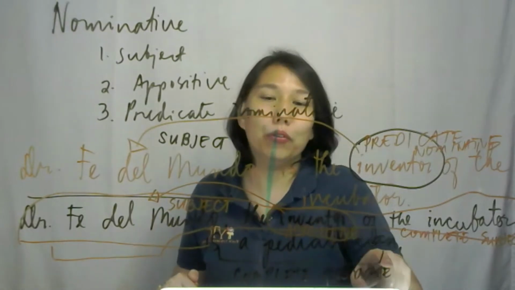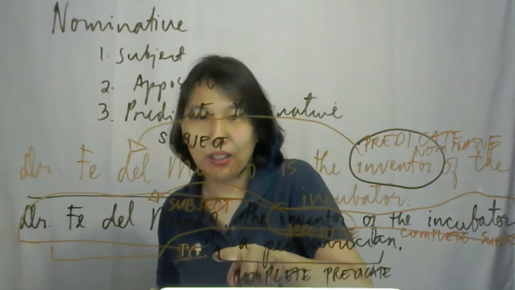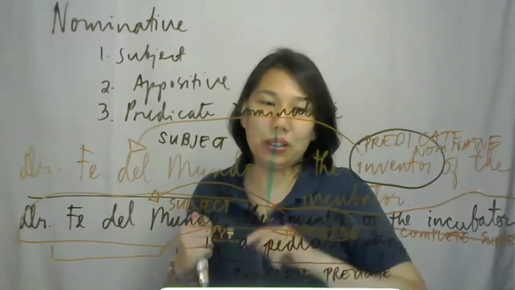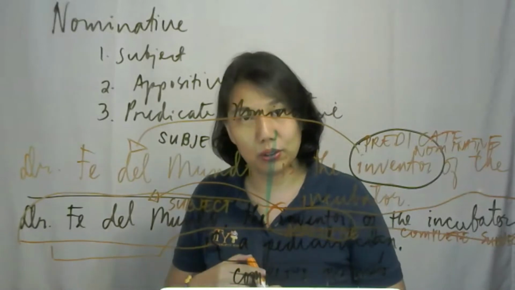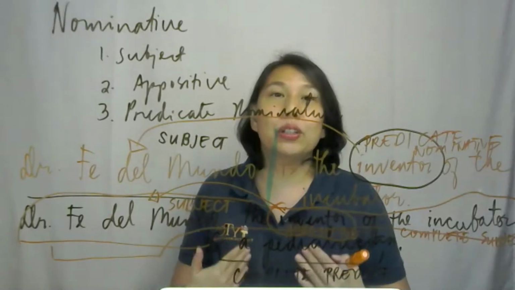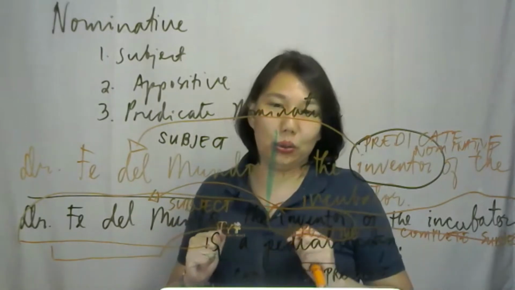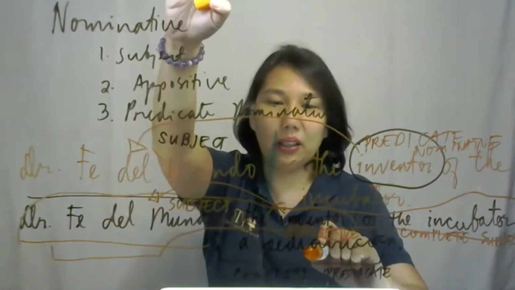Now moving on, there is still another noun that is found after the linking verb is in the predicate part. This noun, pediatrician, is a kind of doctor. The pediatrician means the doctor for children, or the doctor who specializes in treating children. So pediatrician over here is now your predicate nominative.